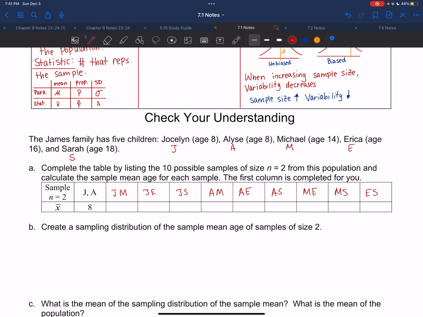All right. And so if I take all of their ages and average them together, I'm going to get 11, 12, 13, 11, 12, 13, and then 15, 16, and 17.